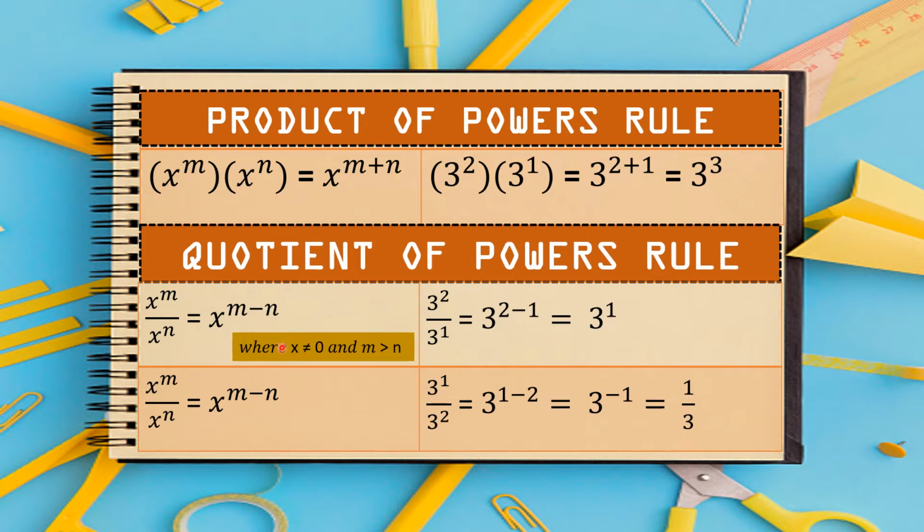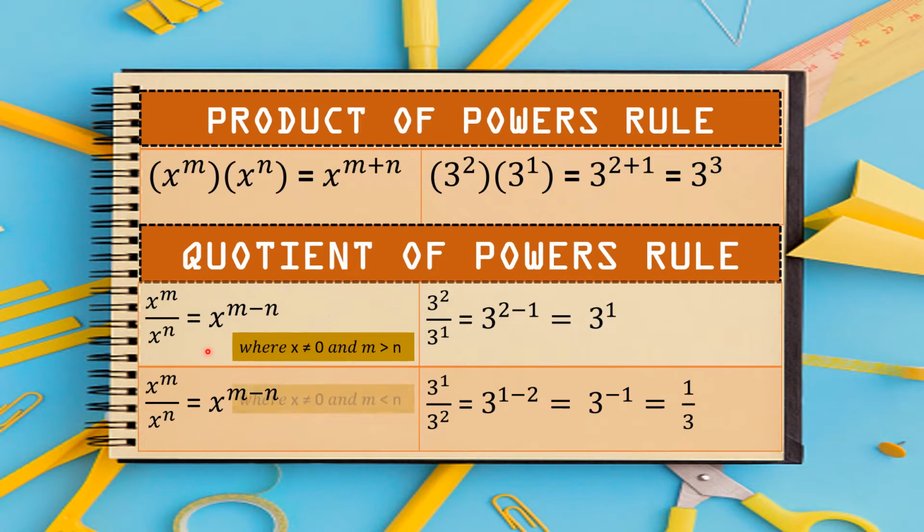First case, m is greater than n, and x should not be equivalent to 0. Example, 3 raised to 2 over 3 raised to 1 equals 3 raised to 2 minus 1, and that is 3 raised to 1. We subtract powers when dividing like bases.